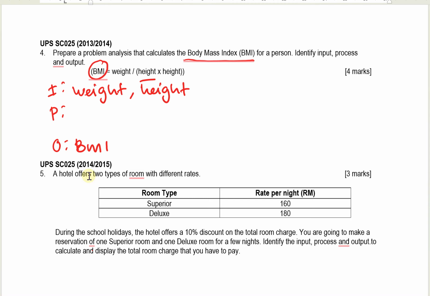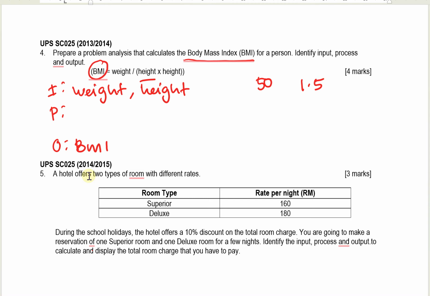Right? So for example here, let's say you surf the internet, you are going to get the BMI. So what do you need to enter? Of course, you need to enter your weight. Let's say your weight is 50 kg. So you enter your weight as 50 kg. And how about your height? Let's say your height is 150 centimeter. So you just type in your height in meter, for example, 1.5.